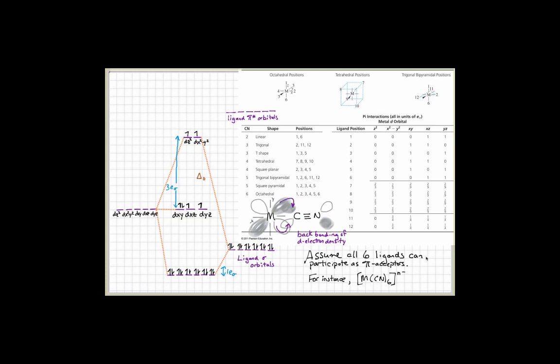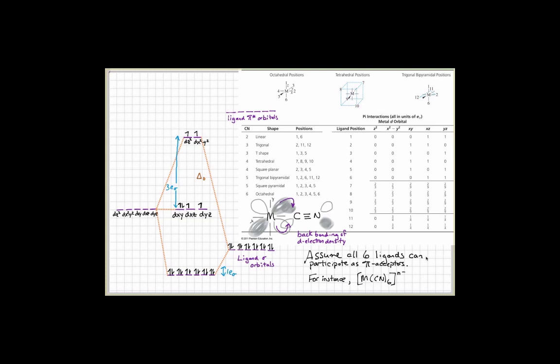We're going to use the table in the similar fashion that we did with the sigma interactions. And in fact, in creating these diagrams, I always start with the sigma interactions alone and then modify the diagram to take into account the pi interactions. So we're going in the exact order that I would have anyway, starting with sigma and then going on to pi interactions.